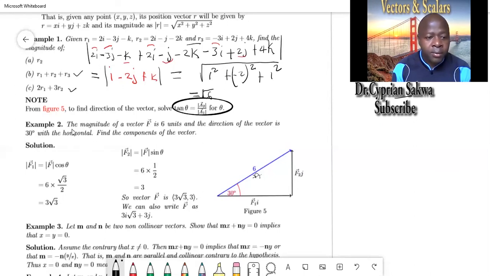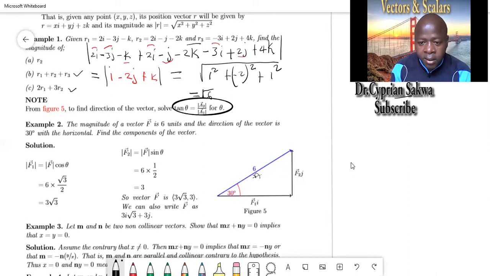Let's look at an example. The magnitude of a vector is 6 units, while its direction is 30 degrees with the horizontal. Find the components of the vector.